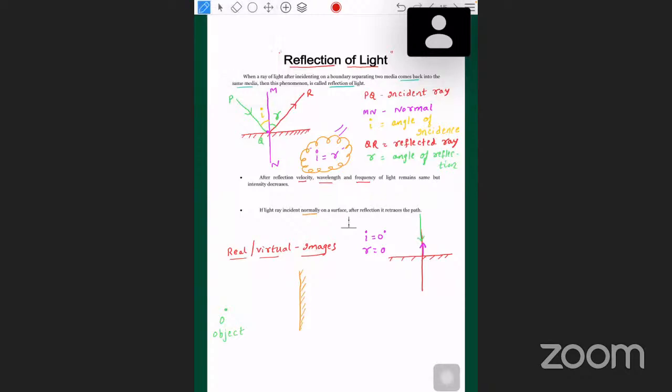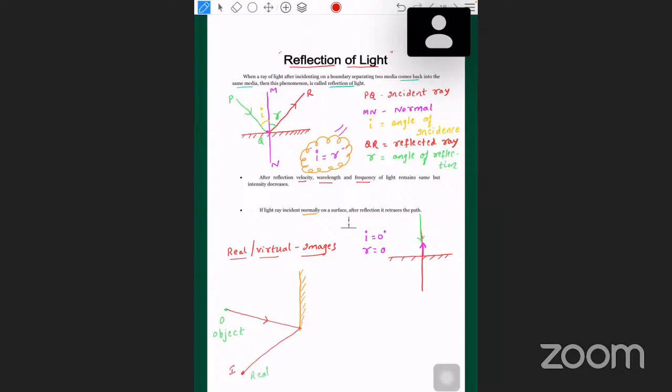Now I'm going to make a ray of light incident like this. Now the image is going to be formed somewhere here. Let it be I. I is called the real image.